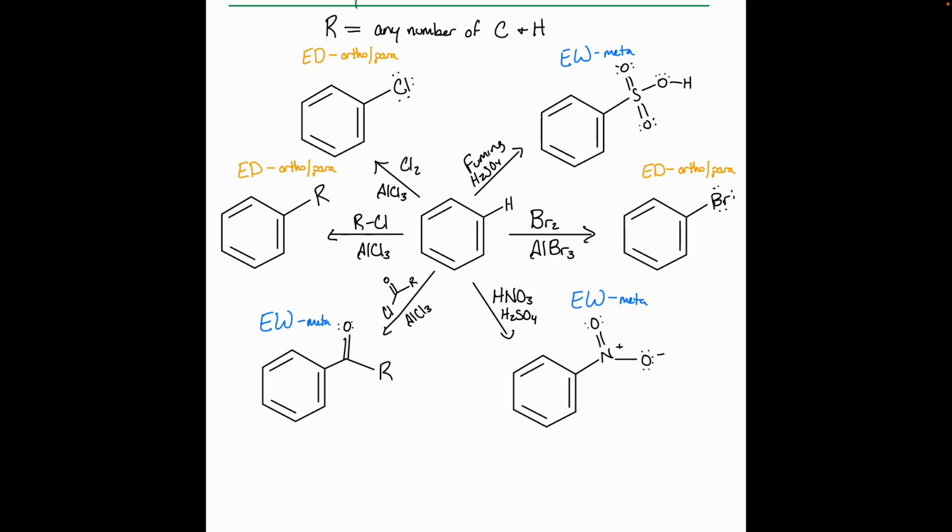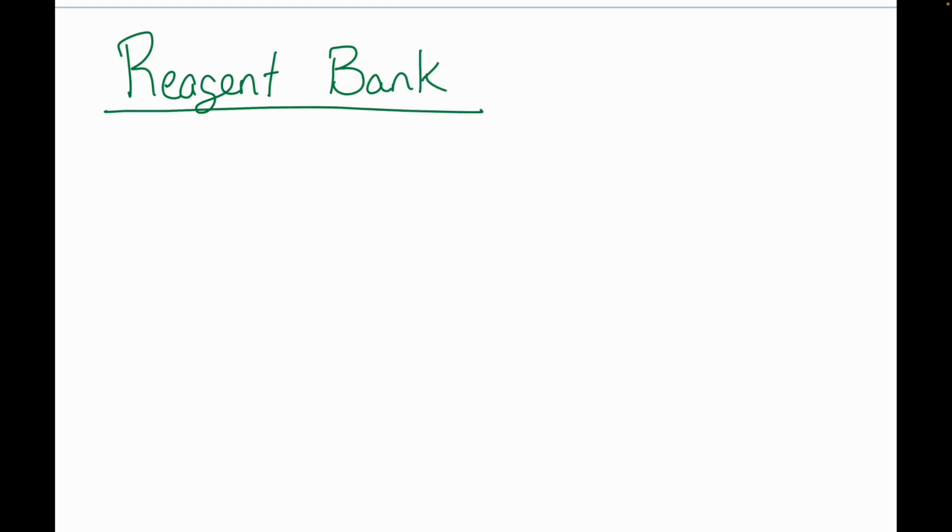So what I would do if I was trying to study is instead of using my cheat sheet to do my homework or at least to practice for the exam, I wouldn't use that full cheat sheet. I would create some sort of a reagent bank here where I sort of list, okay, I know that I have bromine and aluminum bromide, that's one.